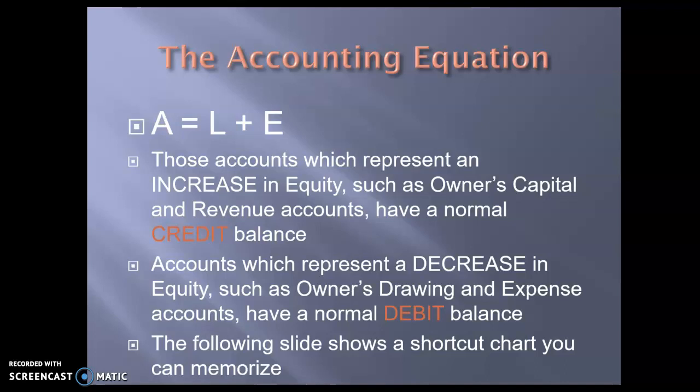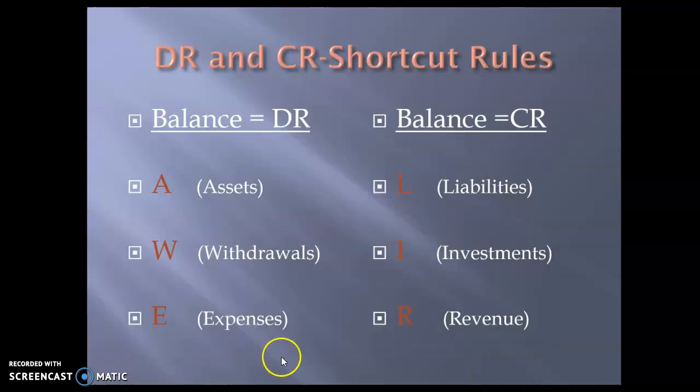Now, rather than trying to figure this out from looking at the equation, there's another way you can do this, which is to just memorize the following chart. So here we have the chart. A balance is a debit for AWE. Okay? Assets, withdrawals, and expenses all have a debit balance or should have a debit balance on your trial balance.